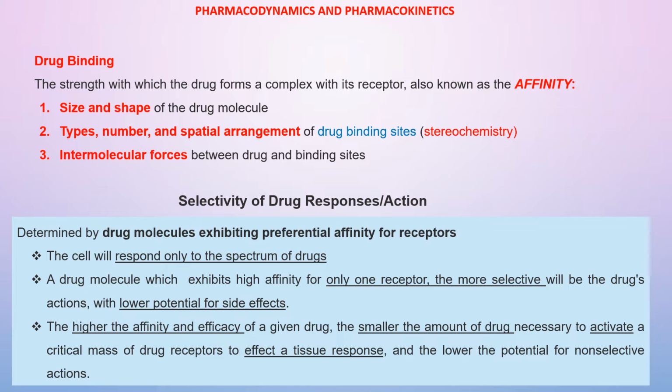Higher the affinity of a particular drug to only one receptor, the action or response would be very specific and selective, with fewer side effects. The efficacy of the drug too would be high, that is, a lower dose gives a potent response.